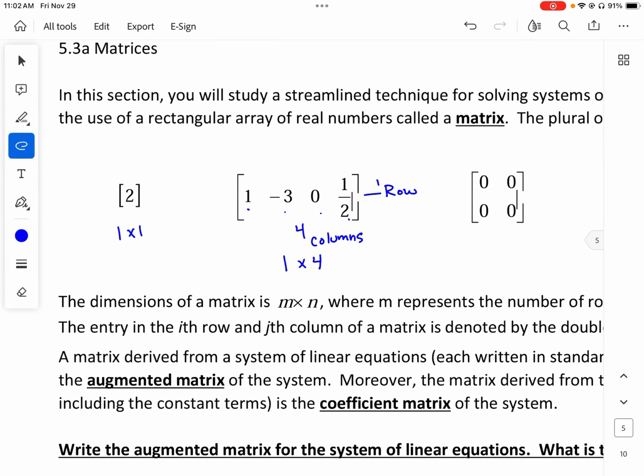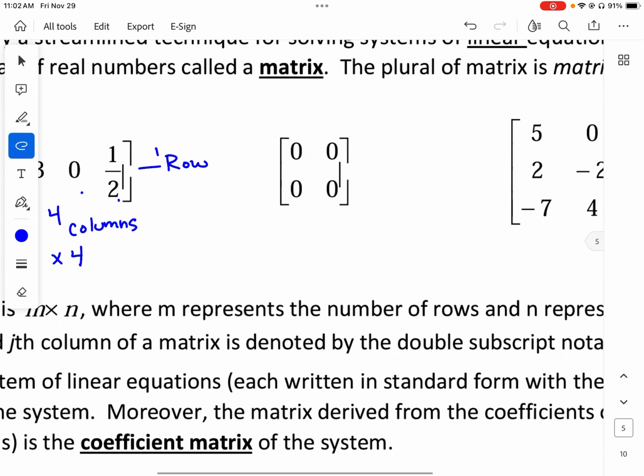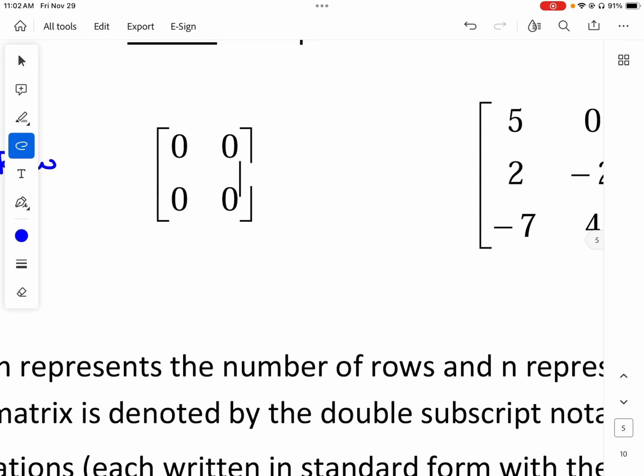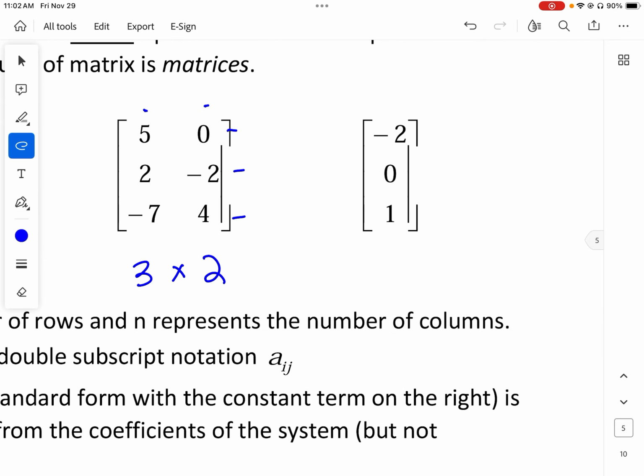M represents your rows, N represents your columns. That's the dimension. This is 2 rows by 2 columns, a 2 by 2. This one is 3 rows by 2 columns. This is 3 rows by 1 column.